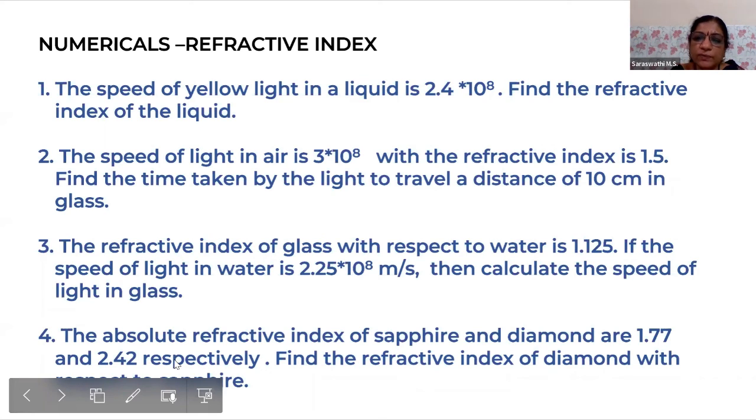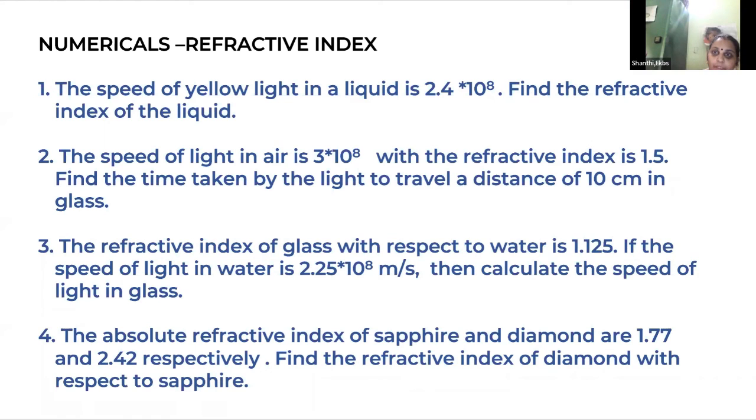Yes or no? Yes, ma'am. So what did you get the answer to be? From this, can you find the speed of light in glass? Yes, ma'am. 2 into 10 to the power 8. You are getting 2 into 10 to the power 8 meter per second. All of you? Yes, ma'am. You want me to work it out, or you are able to do this? You are able to do.